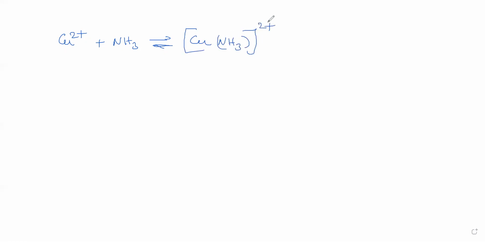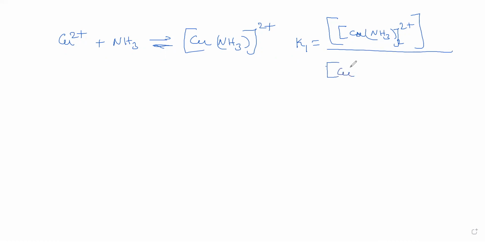This complex is formed. Now let us say this has the equilibrium constant K1, that is the concentration of Cu(NH3)2+ divided by the concentration of Cu2+ times the concentration of NH3. That is my K1.